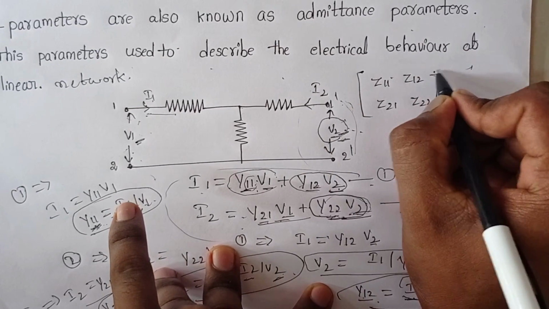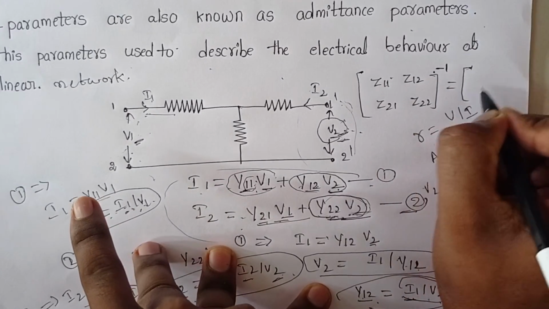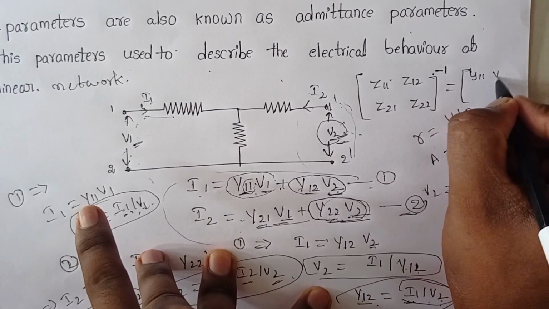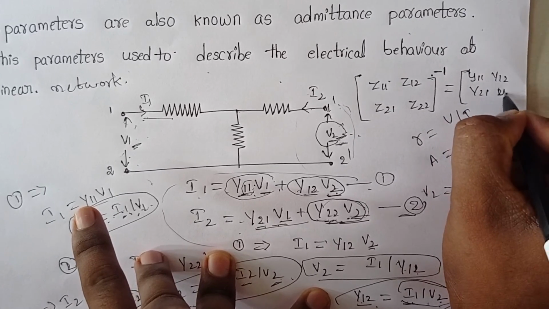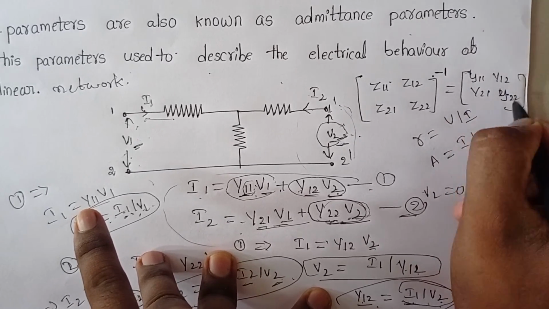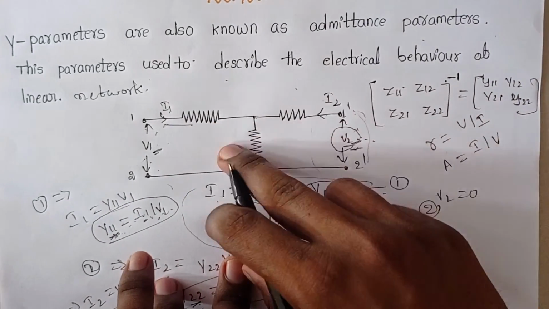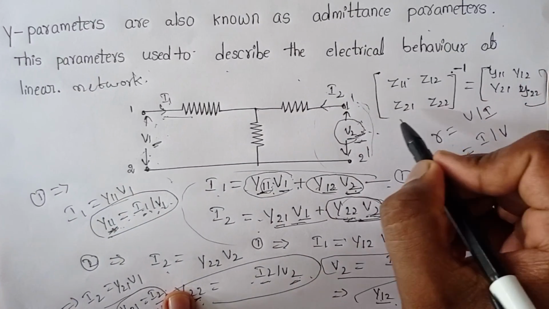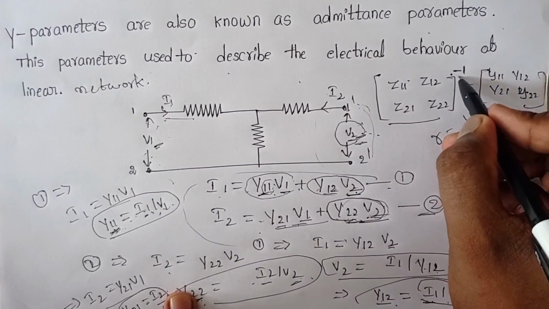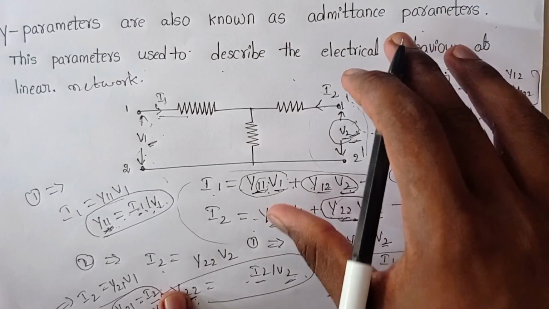Then simply apply the inverse to the Z parameters, and we get the Y parameters Y11, Y12, Y21, Y22. This is how to find the admittance parameters for the two-port network. You can follow it this way, or simply find the Z parameters and apply the inverse to get the Y parameters. This is about Y parameters.